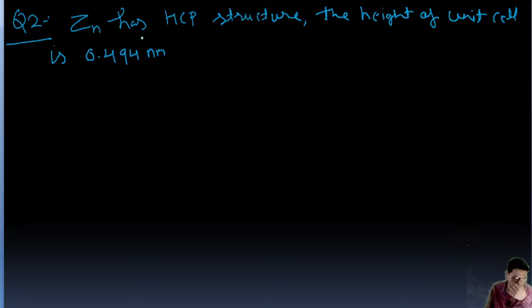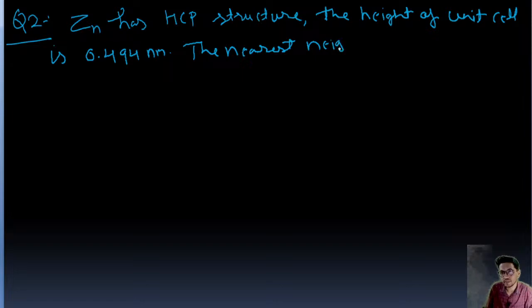That is the height of the unit cell of Zn, 0.494 nanometer. The nearest neighbor distance is 0.27 nanometer.